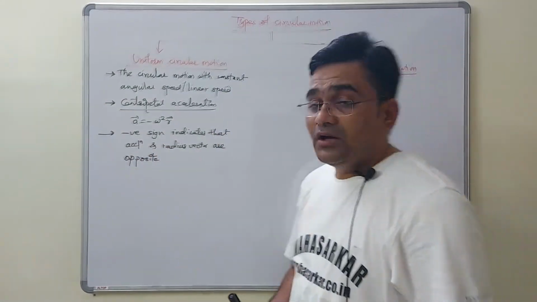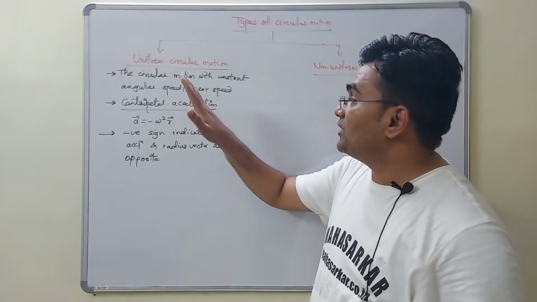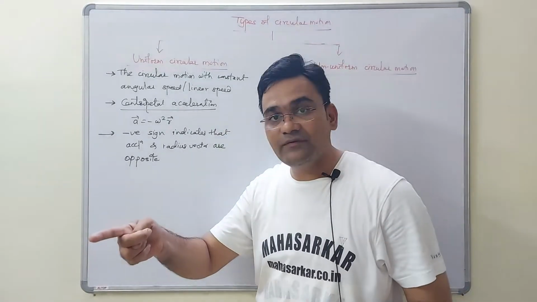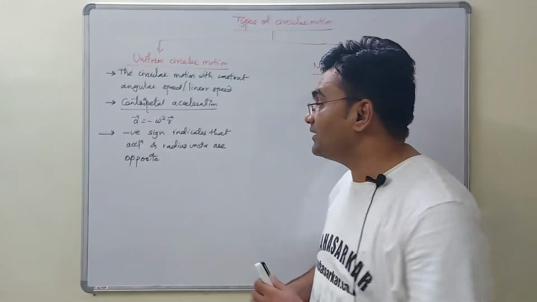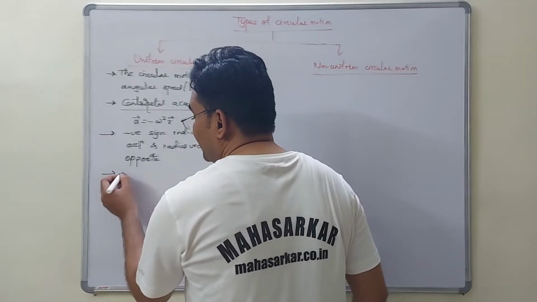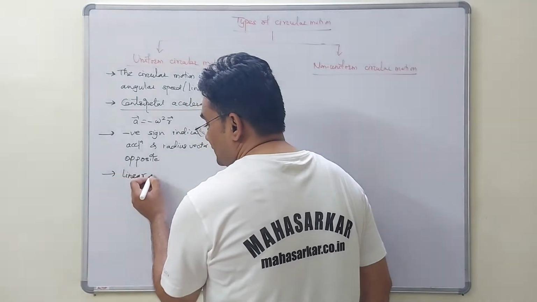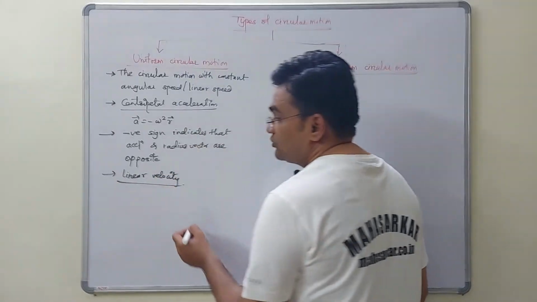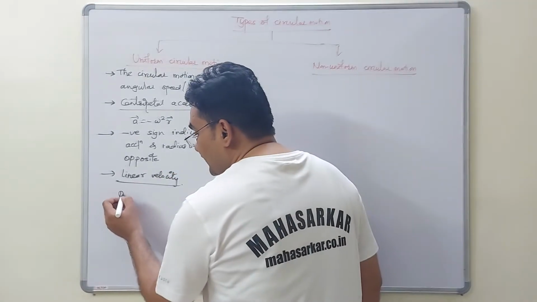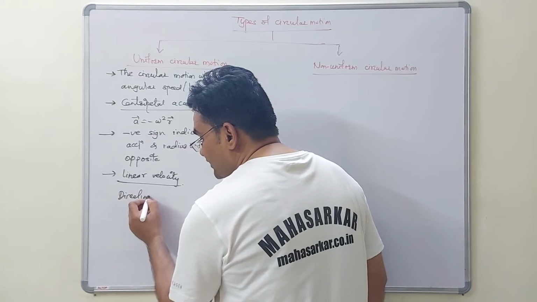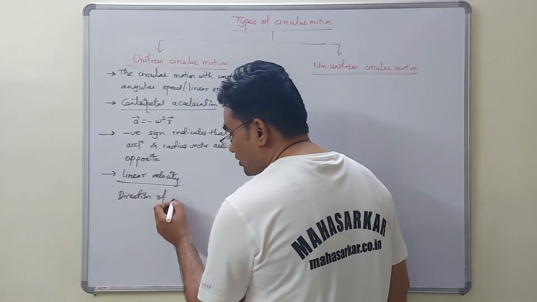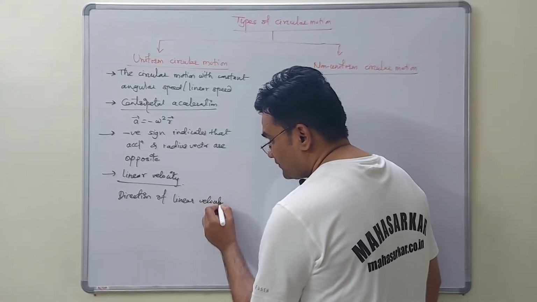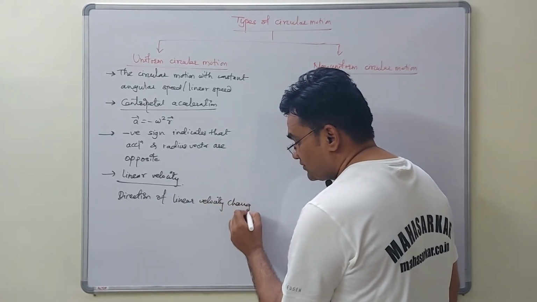When we discuss uniform circular motion, two parameters are important. The first parameter is the linear velocity. Though it is uniform circular motion, the direction of linear velocity changes at every point.